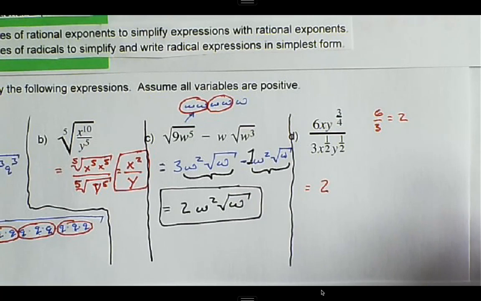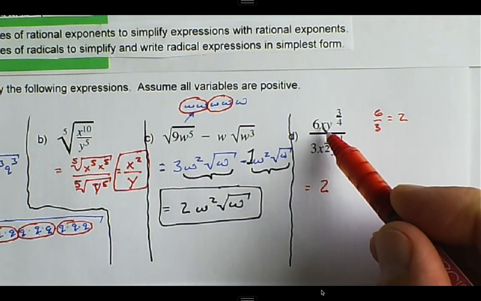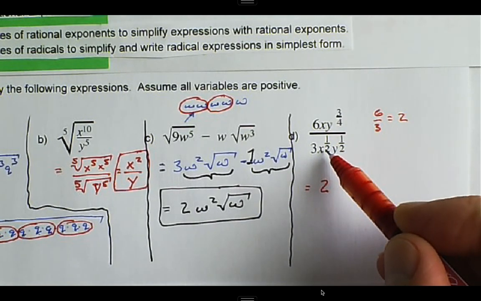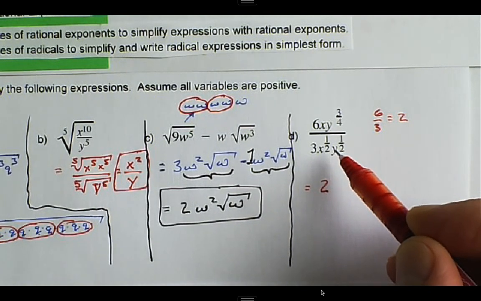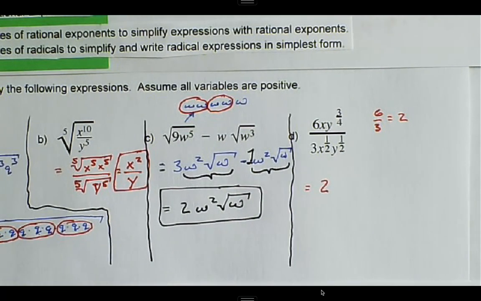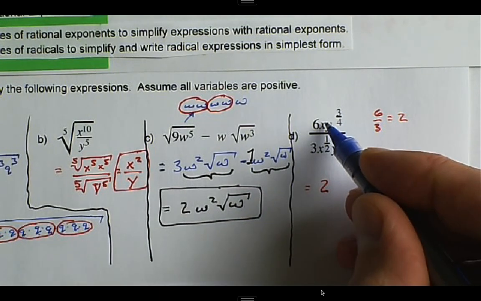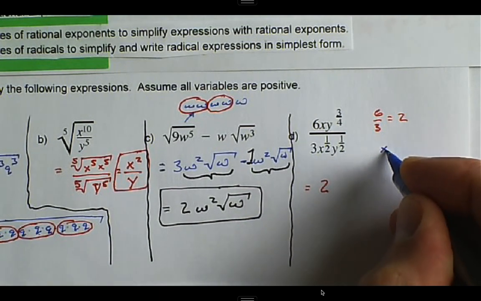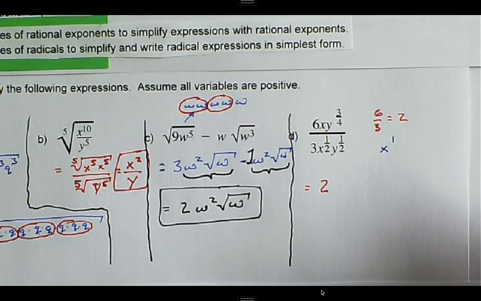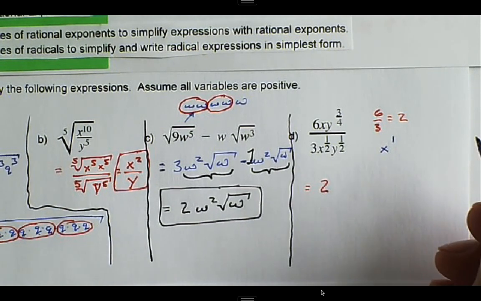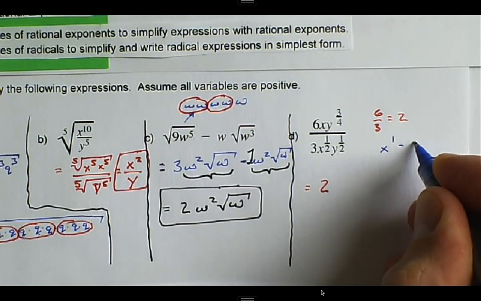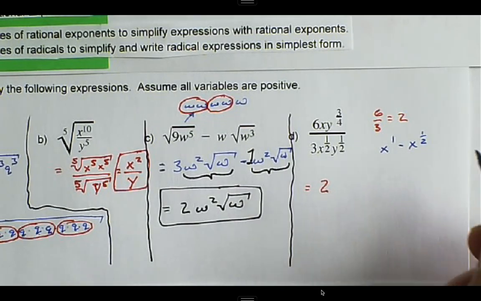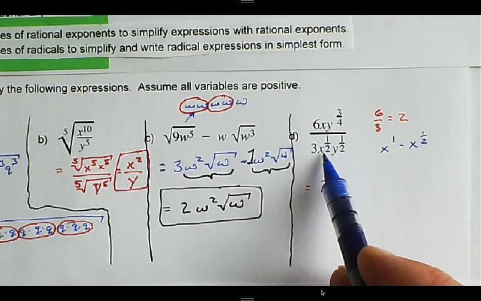And then we have to look at what our like terms are. In this case, we have x, and we have x to the 1/2 power in the denominator. So we can rewrite that: it's understood that x is to the first power, and then we can subtract x to the 1/2, because that's in the denominator.